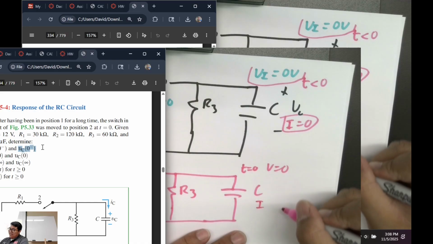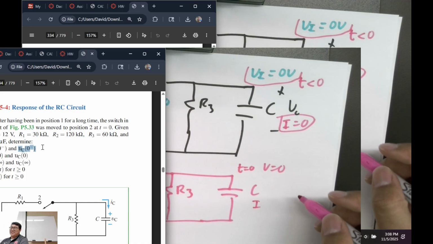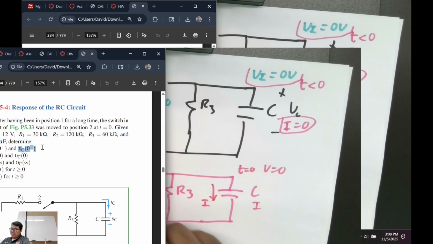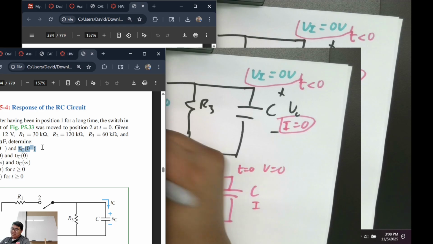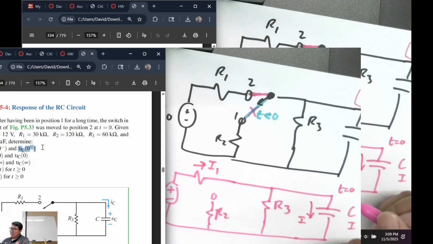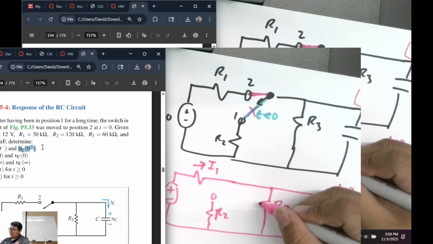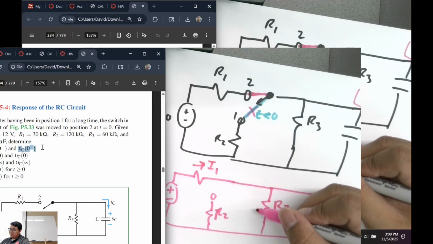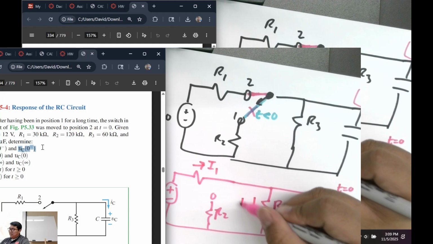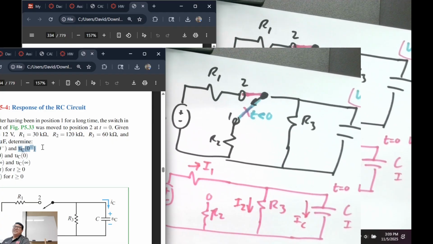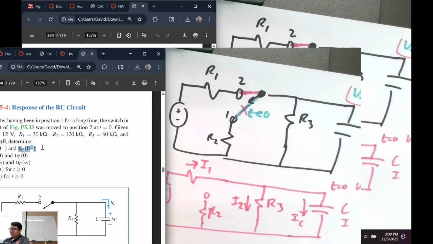So now the current. What's the instantaneous current? I don't know, you tell me. We have this I right here, call it I1. And then let's just do I2. Is that good with everybody? I'm calling this IC. Is that good?